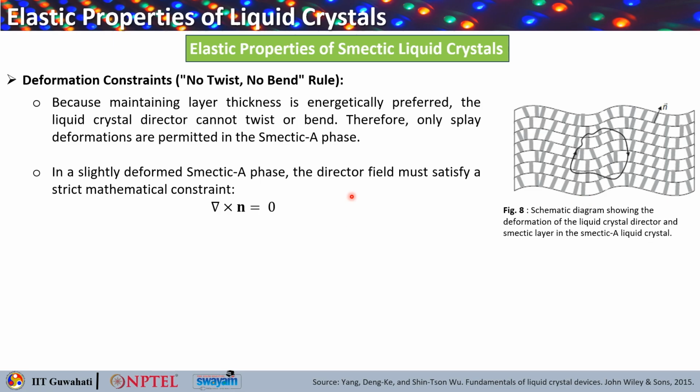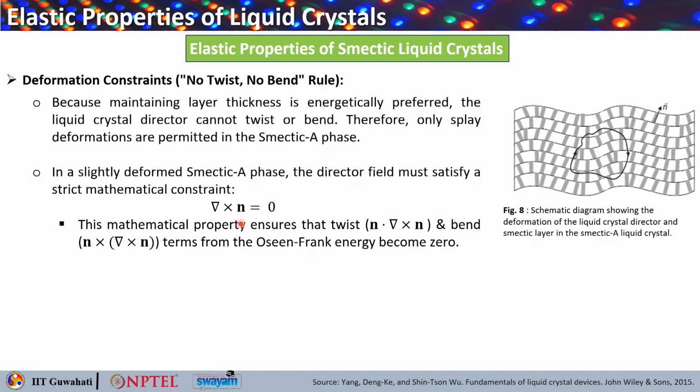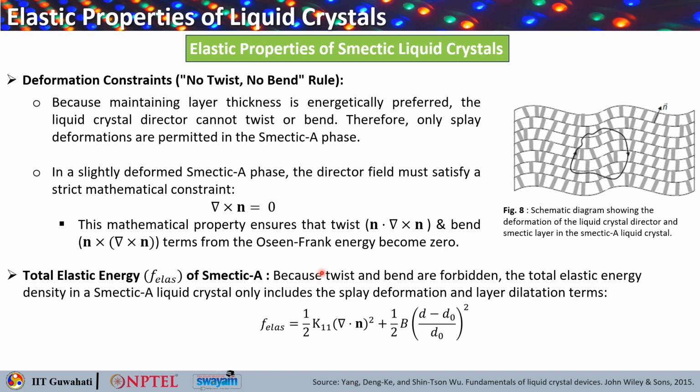In a slightly deformed smectic A case, the director field must satisfy a mathematical constraint, that is curl of n equals 0. This mathematical property ensures that the twist, that is n dot curl of n, and the bend, which is n cross curl of n, these two terms from the Oseen-Frank energy, will become 0.